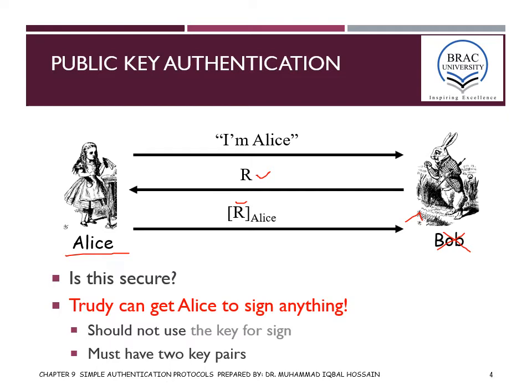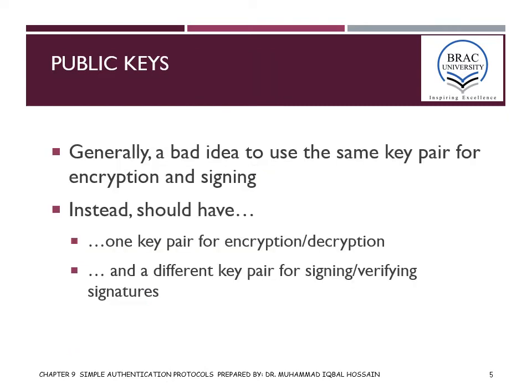So we should not use the key for signing this way. It is a bad idea to use the same key pair for both encryption and signing. So from our current perspective, we can use two pairs of keys, one for signing or verifying and one for encryption or decryption.